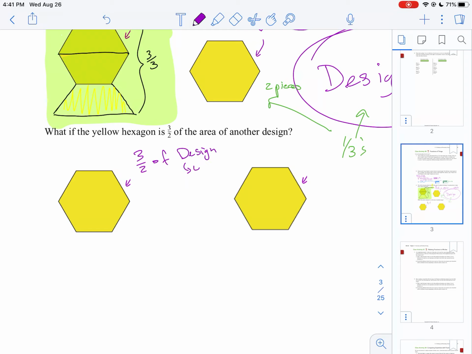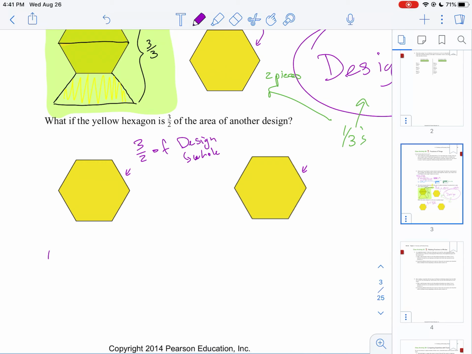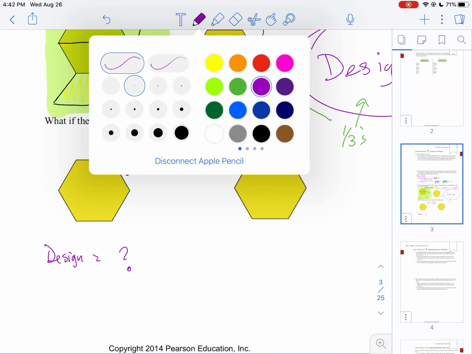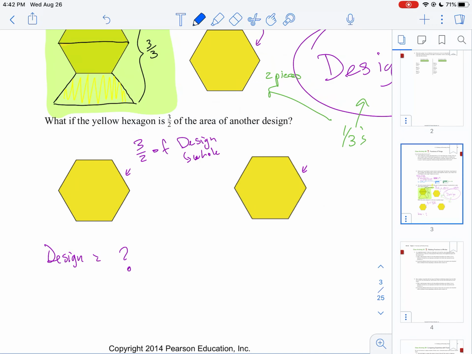The design is the whole in this case. And so I don't know what this design looks like, but I know I need to take that design and I need to cut it into how many parts? Hopefully you said 2 parts, right? You see this? 2 parts? So whatever this is, question mark.